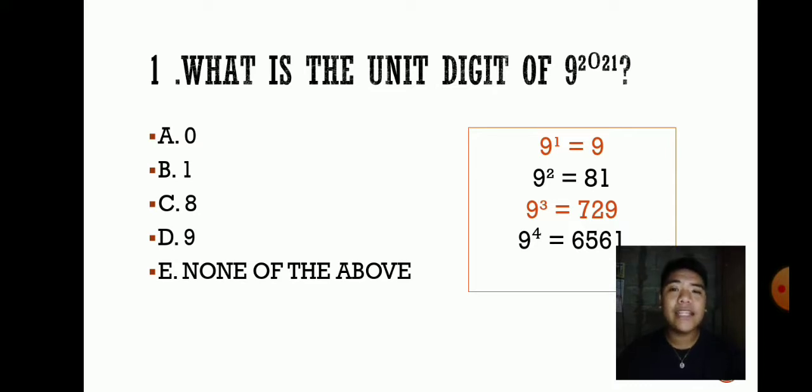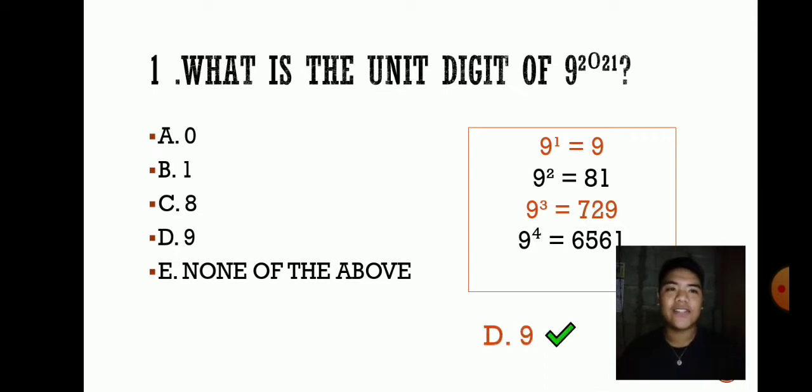But when 9 is raised to an even number, their unit digits are 1. So when we look at our given, 9 raised to the power of 2021, and 2021 is an odd number, therefore the unit digit of 9 raised to the power of 2021 is 9. So our final answer would be letter D, which is 9.